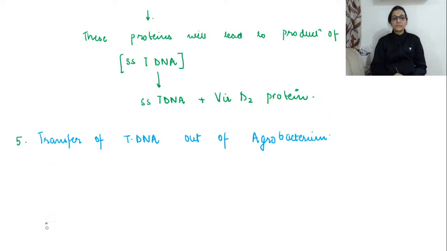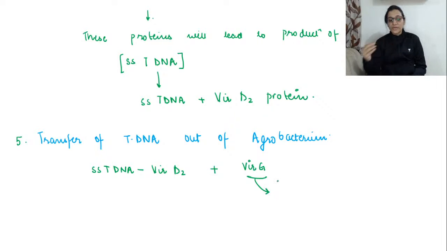Let us see this. The single-stranded tDNA is actually in association with Vir D2 and is in complex association with Vir G, which is responsible for export of the tDNA outside the Agrobacterium.